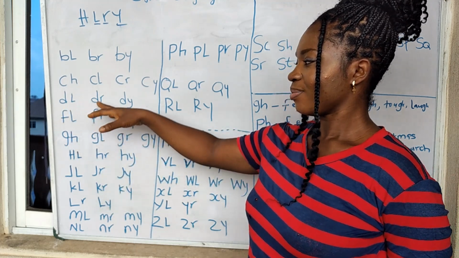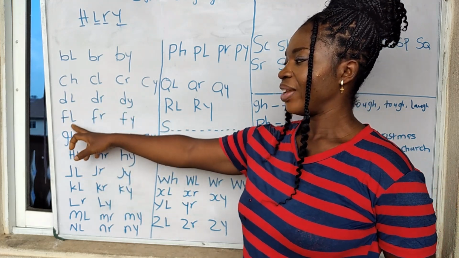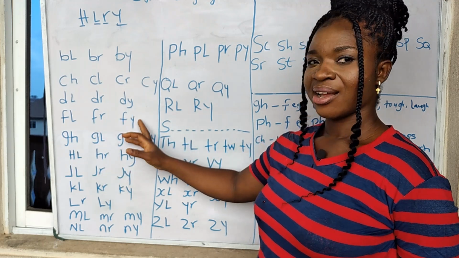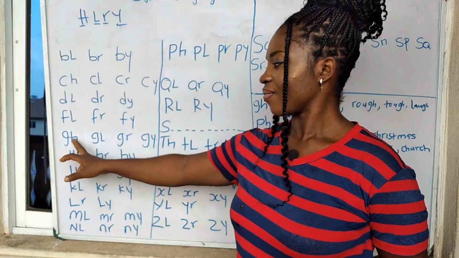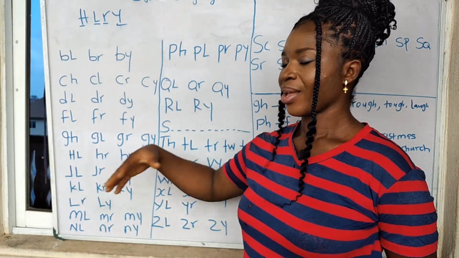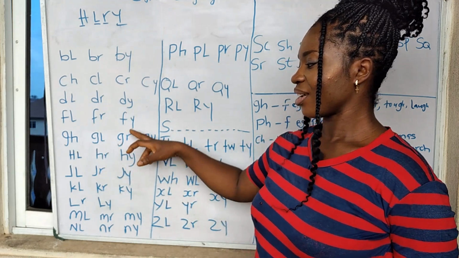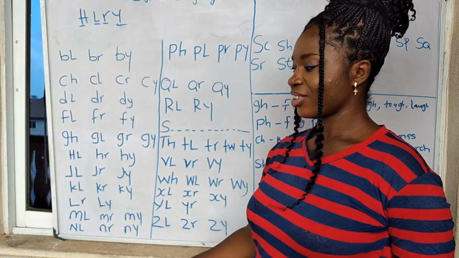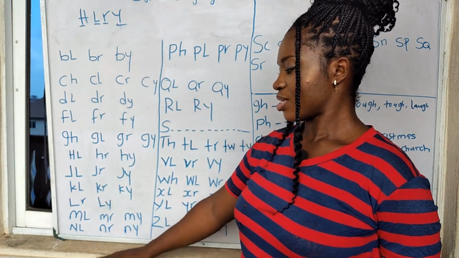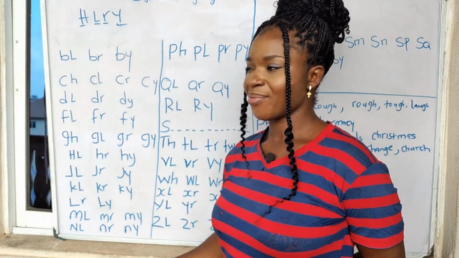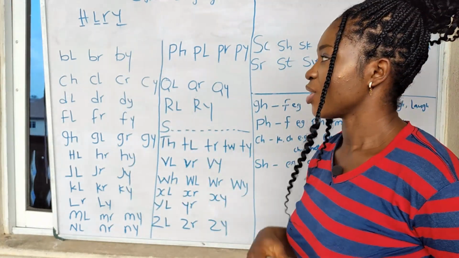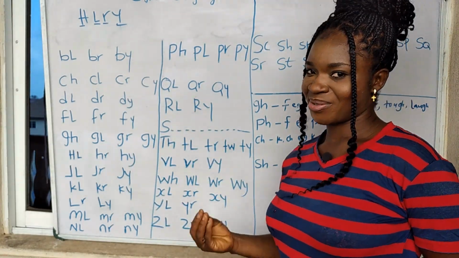We have die, fling, free, fine. We have Ghana, gleaned, grind. We have gynecologist. So these ones, I'm not going to go into them, but you know what I mean by this. I'm trying to make this video as short as possible.